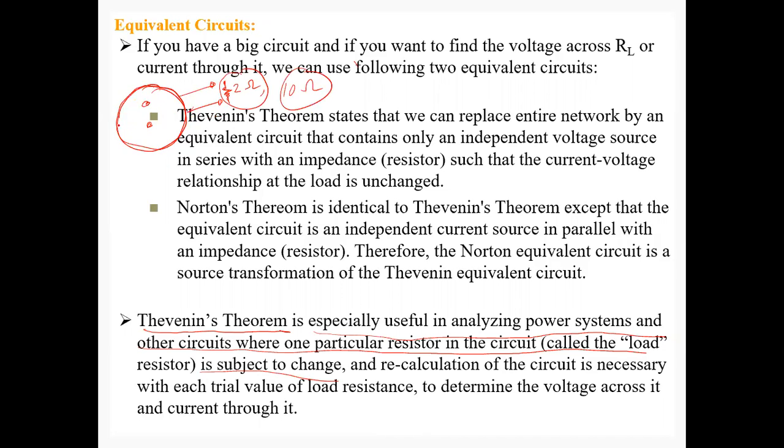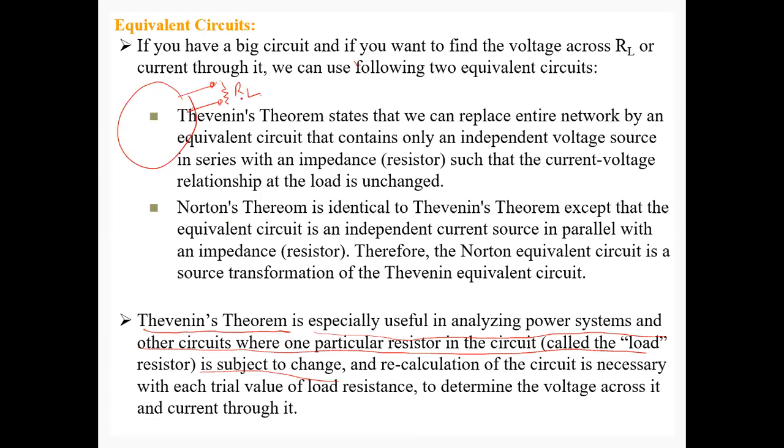There are too many resistors inside the circuit, this is the big circuit, with capacitors and whatever else there. You don't care about this. The only thing is the resistor here, you want to keep changing and see the behavior. You're a scientist, right? This resistor is called RL, the load resistor.